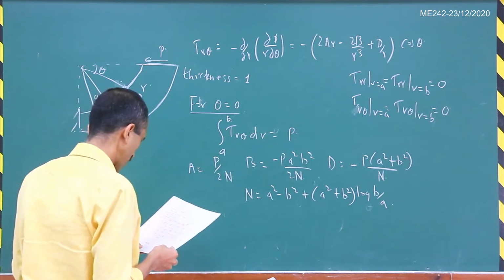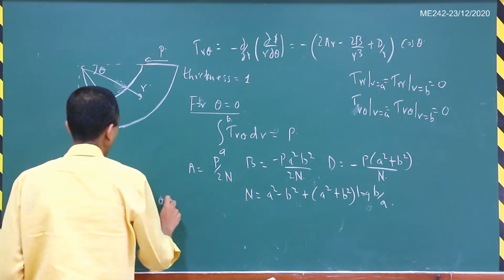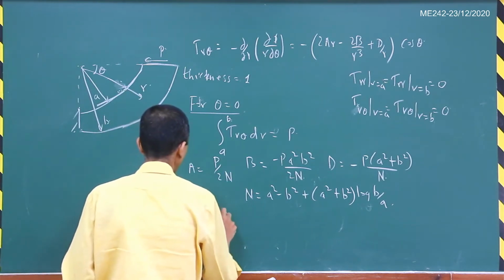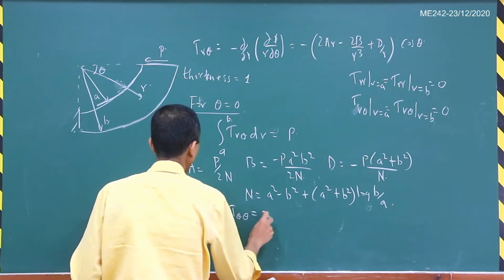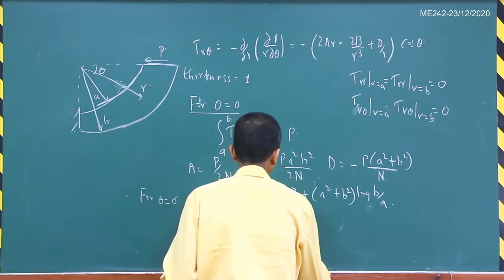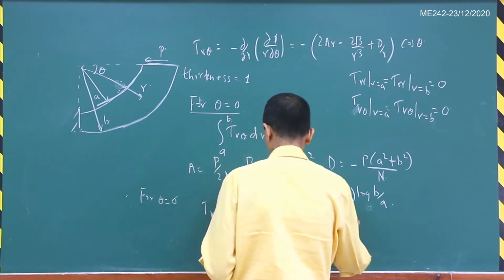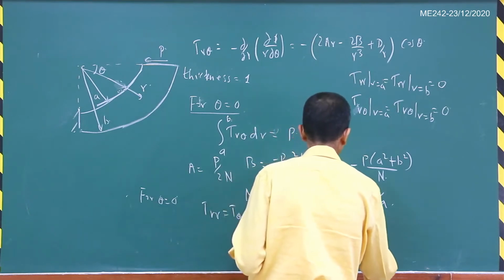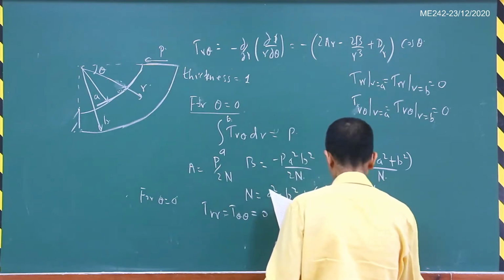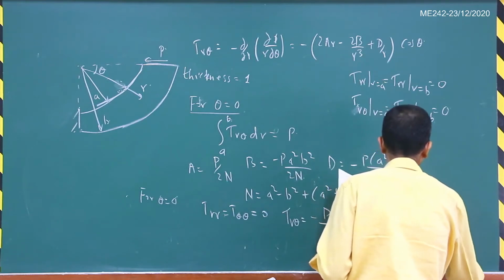For theta equal to 0, you will get that tau r is equal to tau theta theta is equal to 0, and tau r theta is equal to minus p by n times r plus a square b square divided by r cube minus 1 by r times a square plus b square.